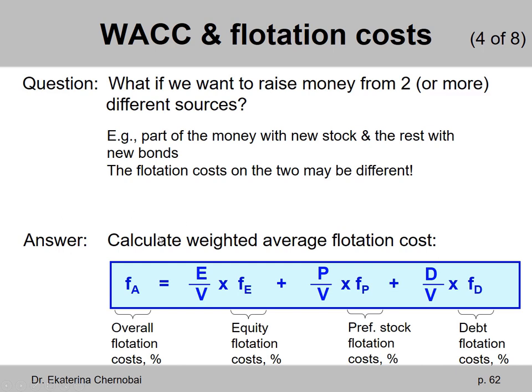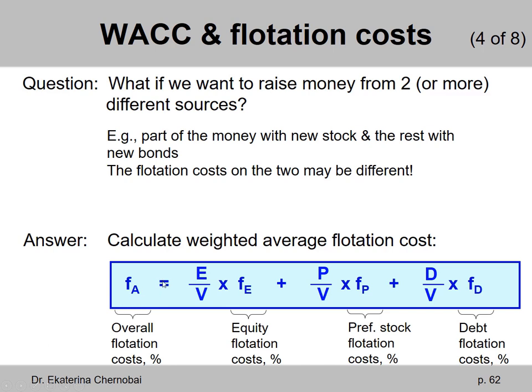To figure out the overall flotation cost that covers several different sources of financing, of raising funds, we need to calculate the so-called weighted average flotation cost, which we denote by F, lowercase f, and subscript capital A. So A basically stands for assets.